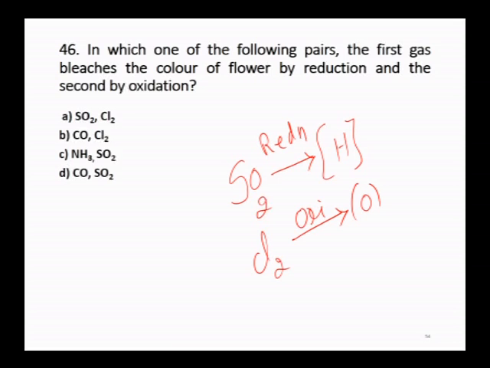Sulphur dioxide bleaches the materials by reduction, which is a temporary bleaching agent. Chlorine bleaches the materials by oxidation, called a permanent bleaching agent. Hence, the suitable answer among the following is A, SO2 and Cl2.